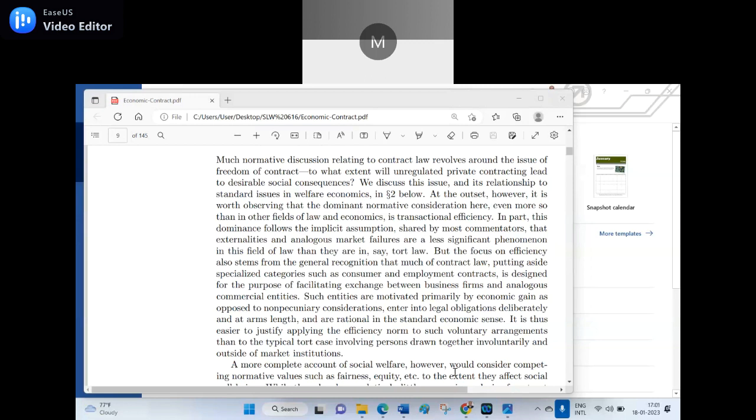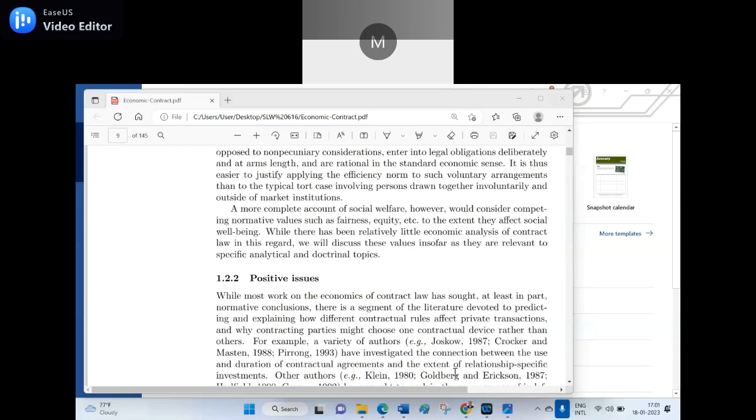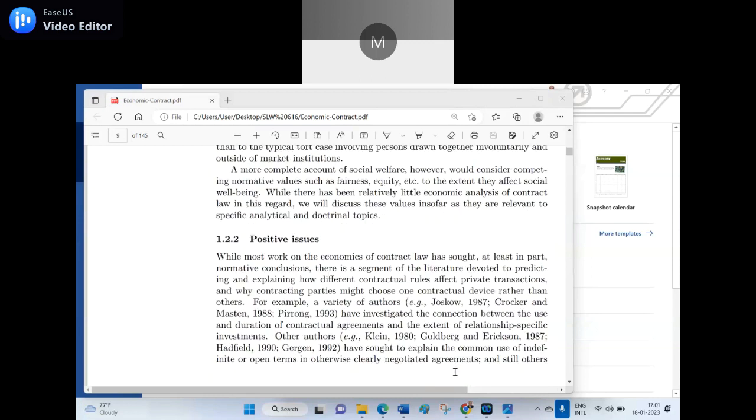So here again, if you go to the positive issues, is it visible? Positive issues 1.2.2. Can you read? Yes.